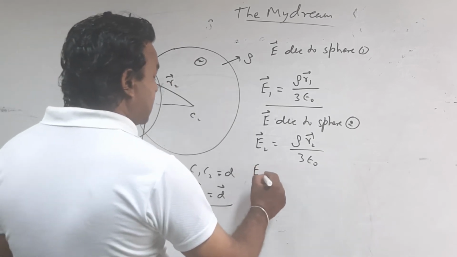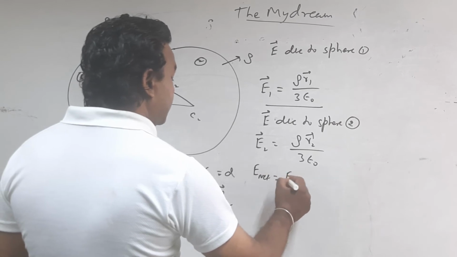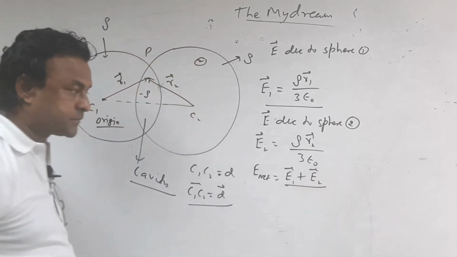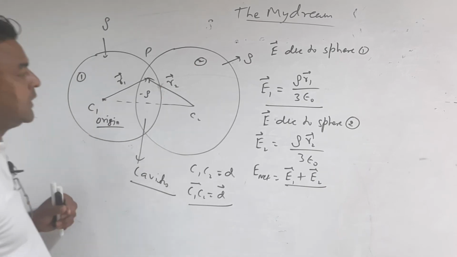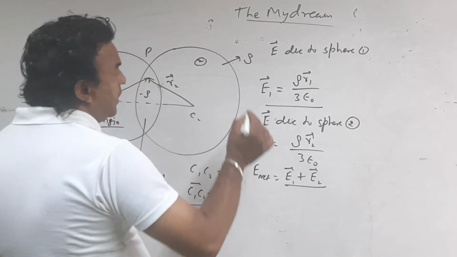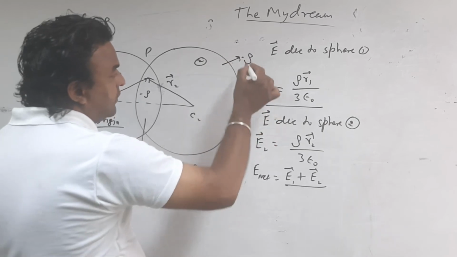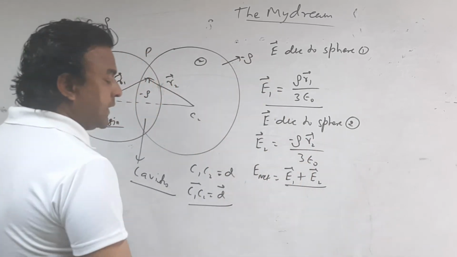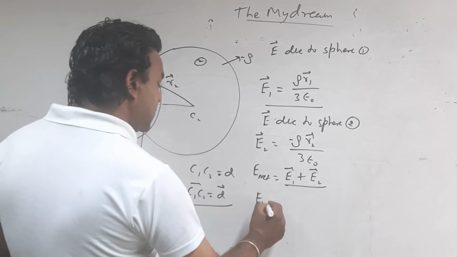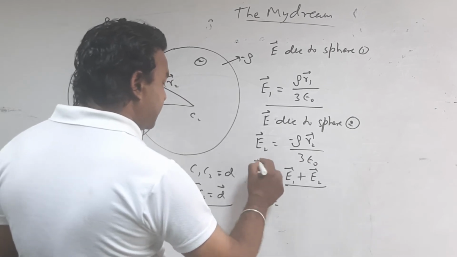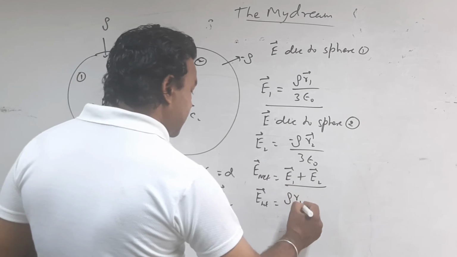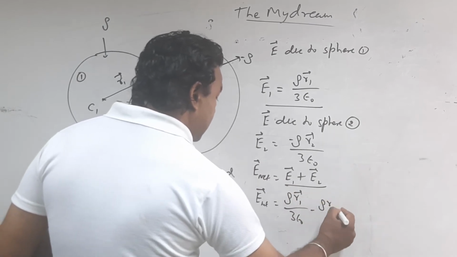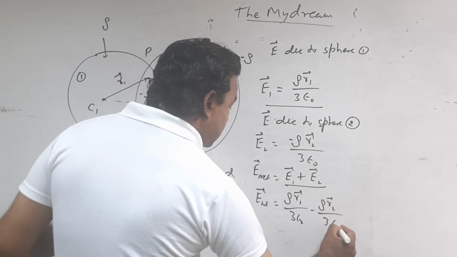E net is E1 plus E2. Now this is taken negative, sorry, this is negative, okay, I take it negative. Then E net is rho r1 upon 3 epsilon naught minus rho r2 upon 3 epsilon naught.